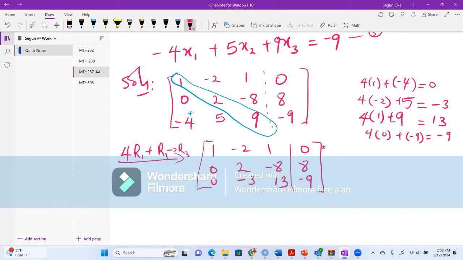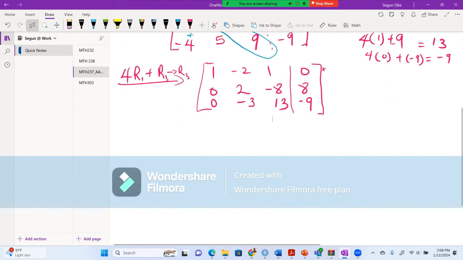Are we together? What do you think would be the next step to take, out of the 3 steps? If you look at row 2, something is common. I can do something in row 2. I can reduce the 2 to a 1 by dividing by 2. Thank you. So 1 over 2 times row 2 will become the new row 2.